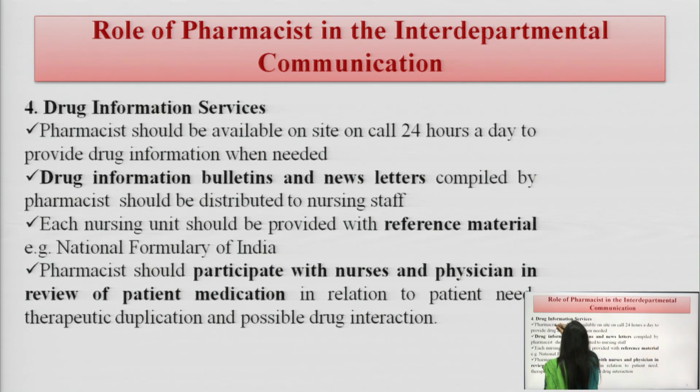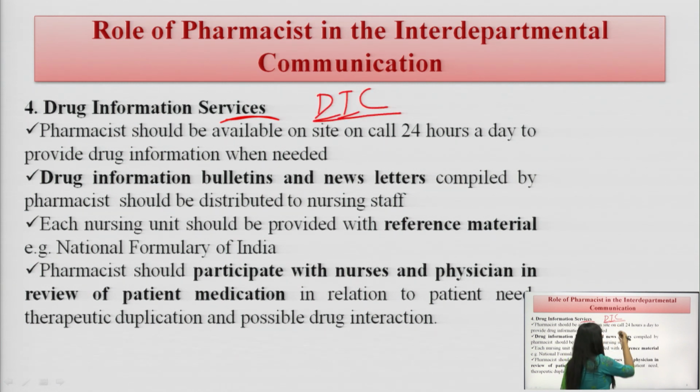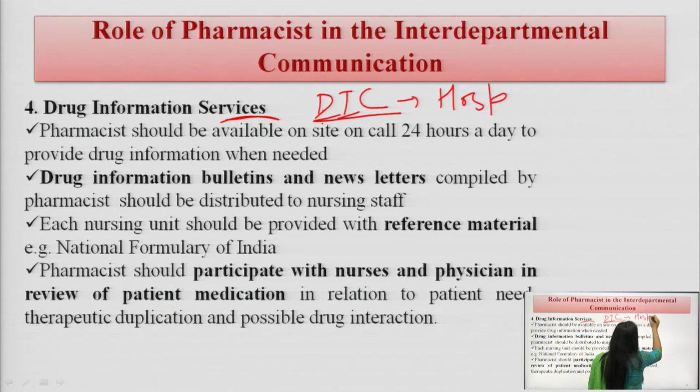Now, they are also helping in the drug information services. We have also discussed in previous PPTs that there is a DIC center. DIC is the Drug Information Center in the hospital. So what happens from there?